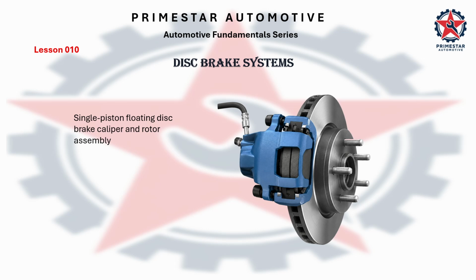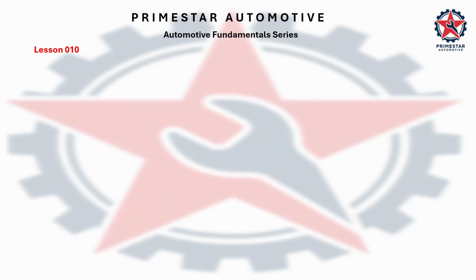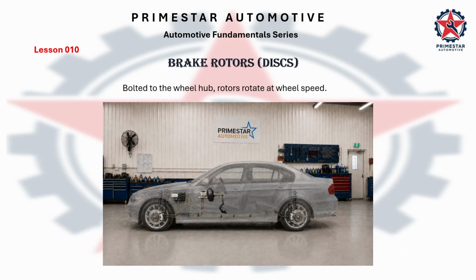Single piston floating disc brake caliper and rotor assembly. Disc brakes offer superior heat dissipation, fade resistance, and self-cleaning performance compared to drum brakes. Bolted to the wheel hub, rotors rotate at wheel speed.